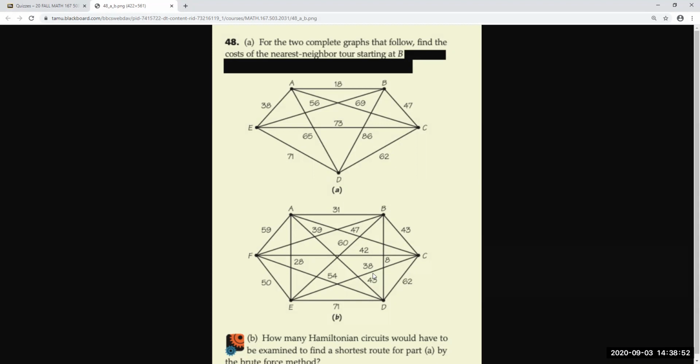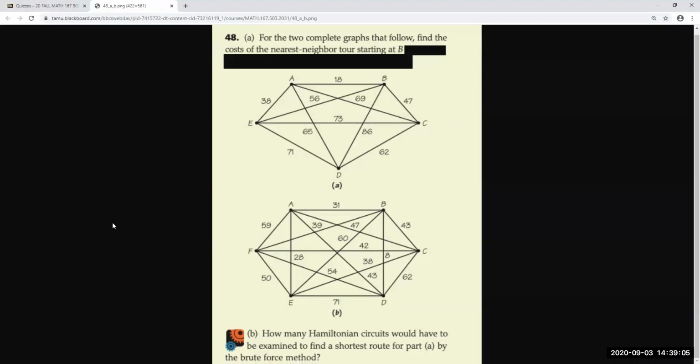Lainey, okay, yeah, 28 is for AE. 8 is for BD. Okay, so that's number 48. AD is 43, yes. So the problematic one is actually B.